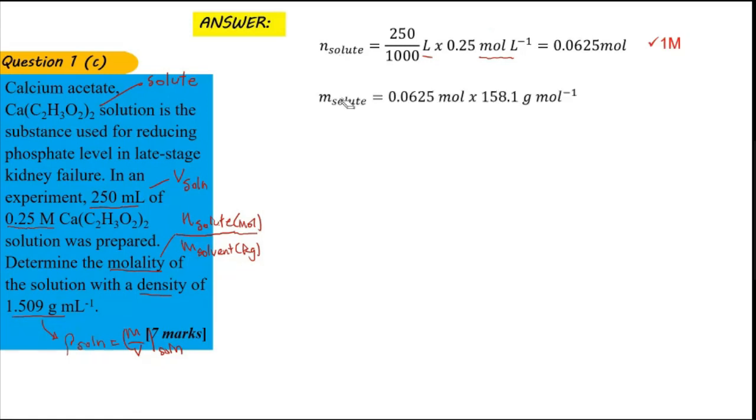Then you find the mass of solute by multiplying with the molar mass. This molar mass you have to calculate yourself. Molar mass you have to calculate using this formula, calcium acetate Ca(C2H3O2)2. You get 158.1 gram per mole. So you mole multiply by gram per mole. What is left behind is gram.